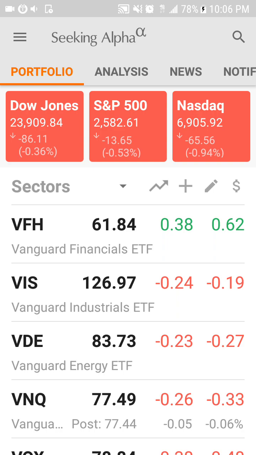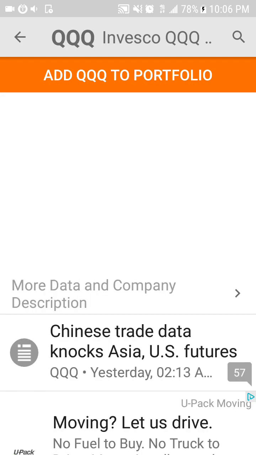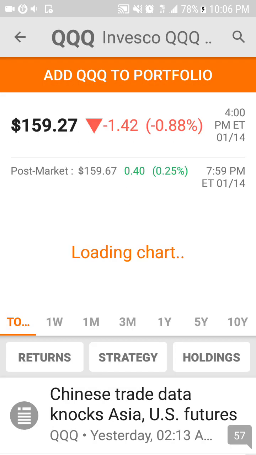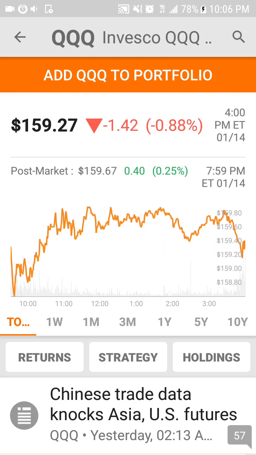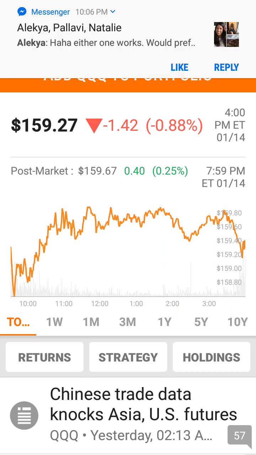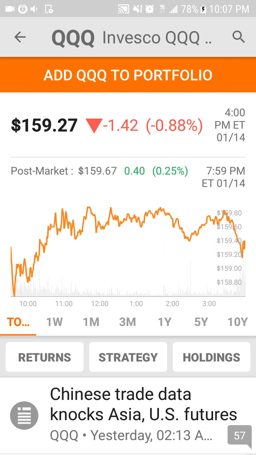So let me do the same with the NASDAQ 100, the Qs, ticker symbol QQQ. As I mentioned, at the very top you can see the price and the past day performance.